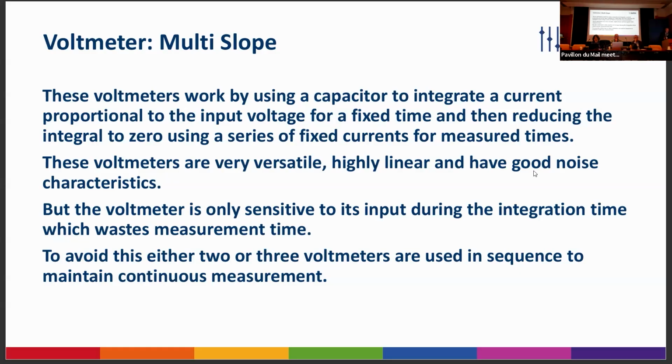They're very impressive voltmeters. But that lack of sensitivity means that you've seen many people say you've got to use 2 of them or 3 of them even just to measure 1 voltage, especially if you want to make best use of your measurement time. It's quite important to measure all the voltage, not just 1 and then wait for a gap. And you've seen how Franck just described that.